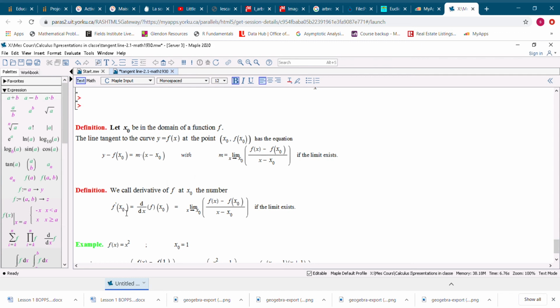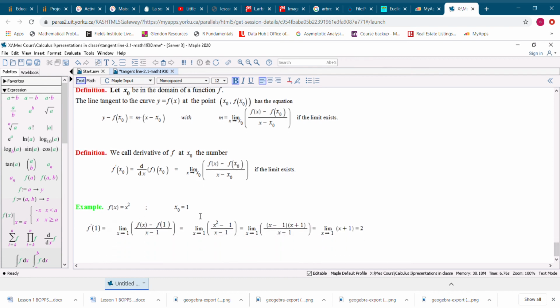We also call this limit, when it exists, the derivative of f at x0. For our example of the parabola with x0 equal 1, f prime of 1, the derivative of f at 1, is the limit of the variation, which we can write like that. It's just computing a limit of a function. Here we have an indeterminate form, so we need to remove the indetermination. We factor the numerator, simplify, and get the number 2, the slope 2. So the derivative is 2.